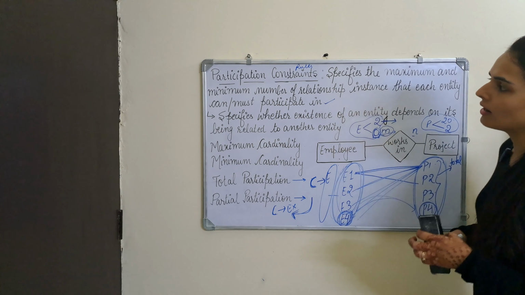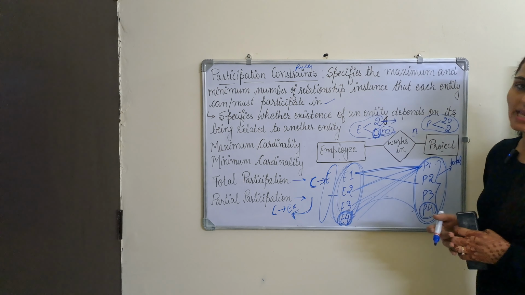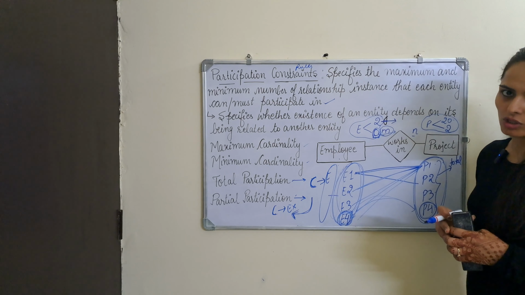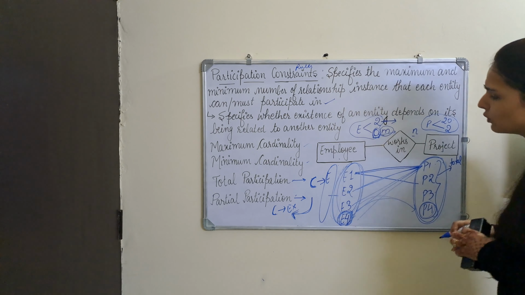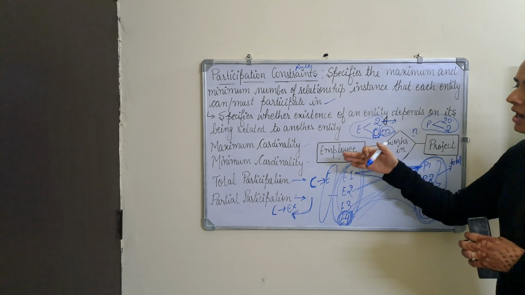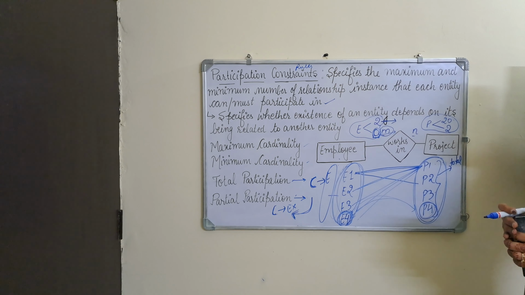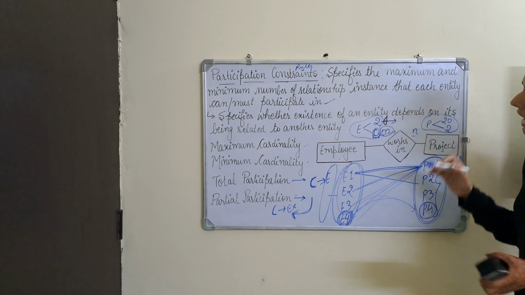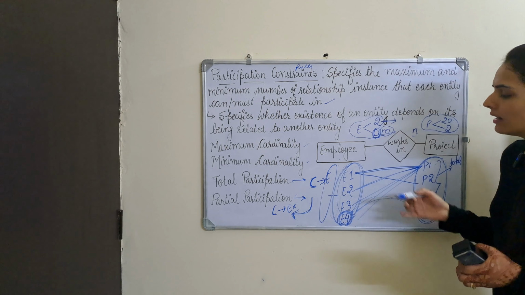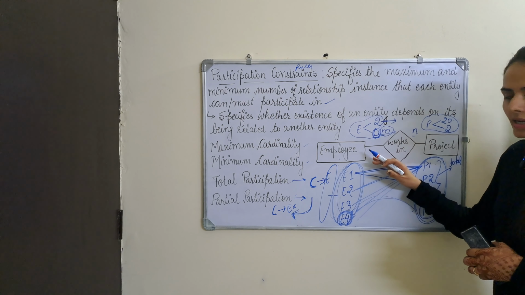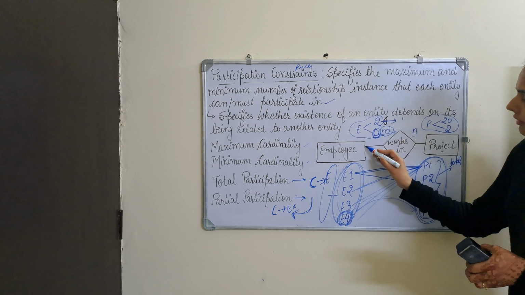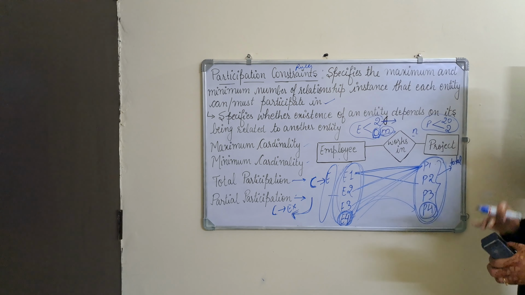So this is all about the participation constraints, in which it was very important to understand these four terminologies. Now there is one more thing left: how do we represent the maximum cardinality and minimum cardinality in the ER diagram? We already know how we represent a many to many relationship, with this single edge over here.